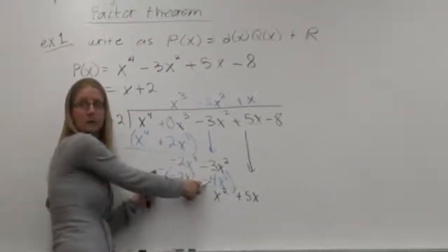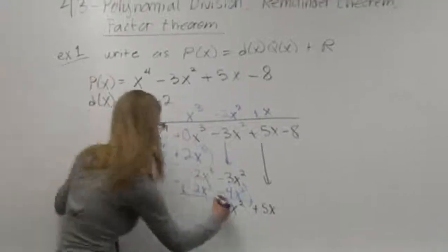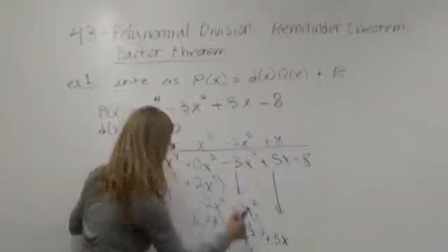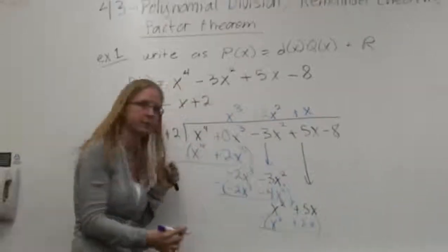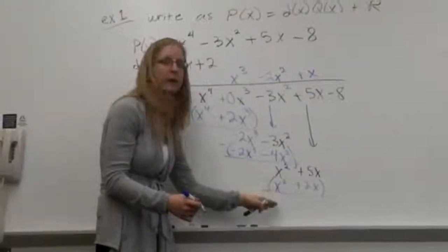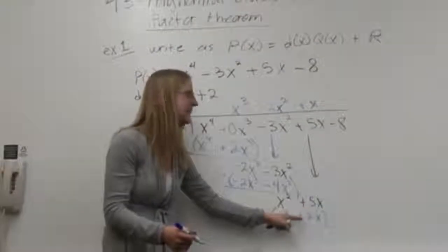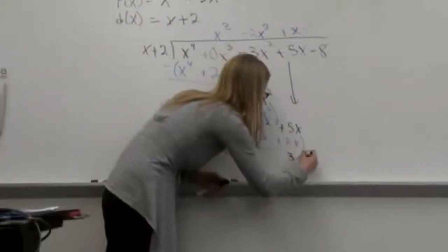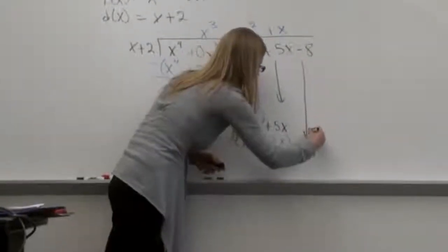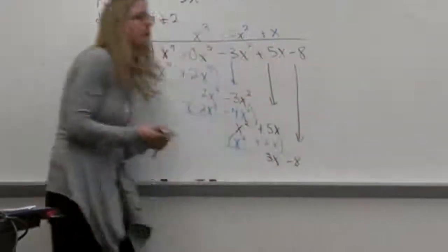So x times x is x squared. X times 2 is 2x. And then again we subtract. The x squareds cancel. And then what's 5x minus 2x? 3x. So I bring down that negative 8, and then we just keep going.